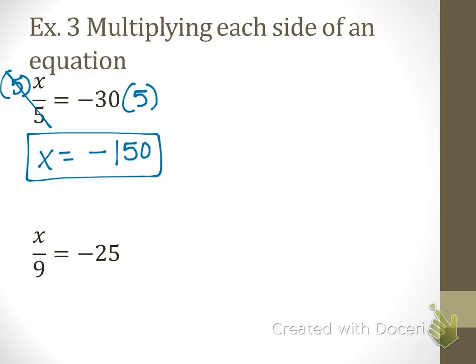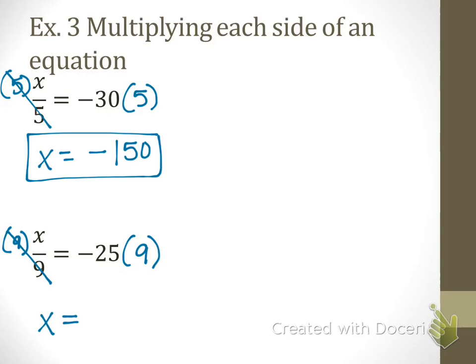All right, next problem. I ask myself, what's going on between the x and the 9? Anybody know? Division. So the inverse of that is multiplication. So I multiply by 9 to cancel out, multiply by 9 to cancel out, and I get x equals what?